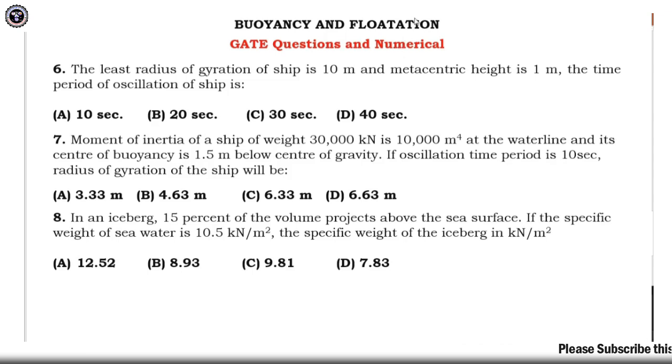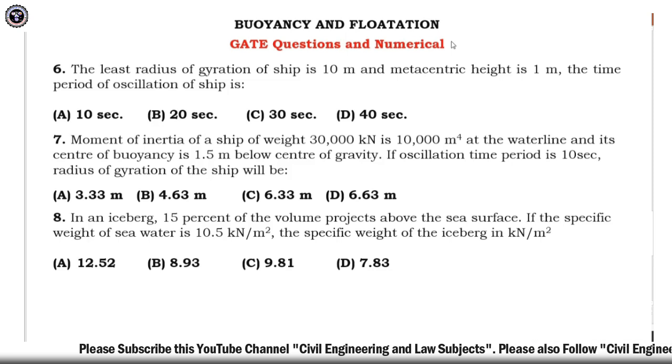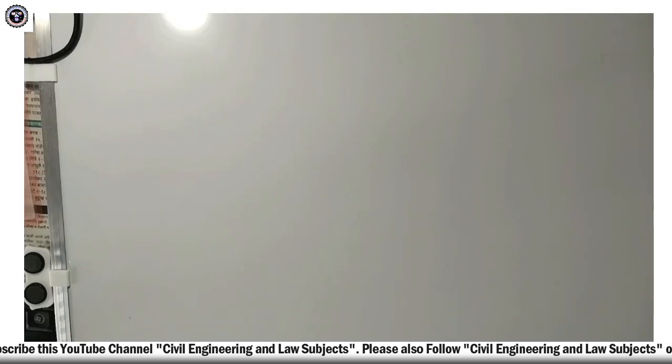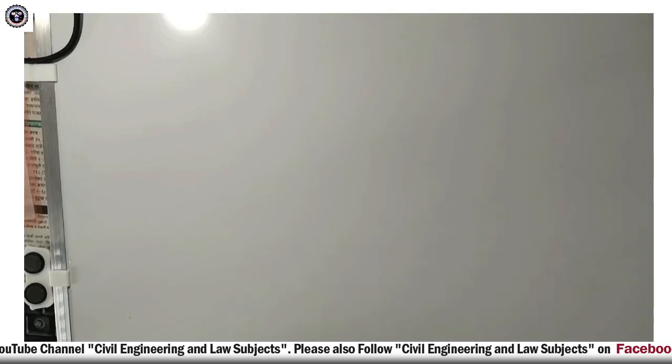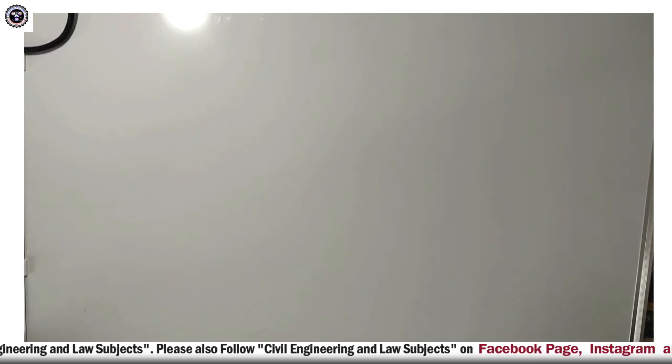Radius of gyration of a ship is 10 meter and metacentric height is 1 meter. The time period of oscillation of the ship is: option A 10 seconds, option B 20 seconds, option C 30 seconds, and option D 40 seconds. So let us begin with the solution. Here, use the simple harmonic motion formula as usual.